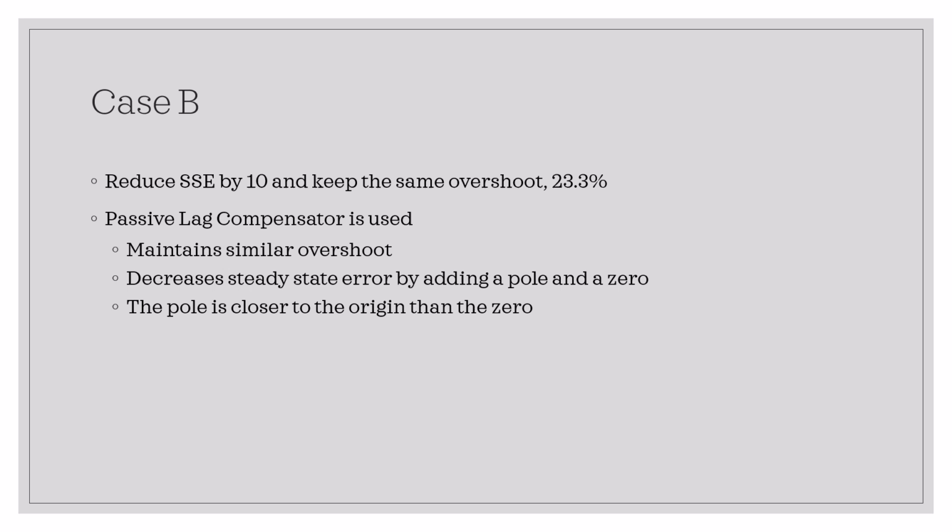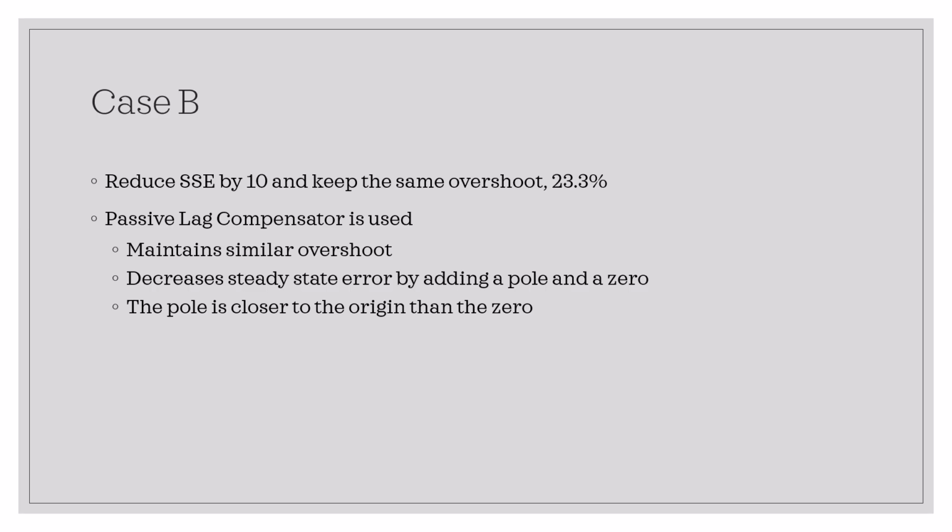Now we're starting on case B, where we want to solely reduce our steady-state error by 10 while maintaining the same overshoot. We needed to pick which compensator controller to achieve that. Given what we needed, I decided to design a passive lag compensator, because its goal is to decrease error while maintaining an overshoot.